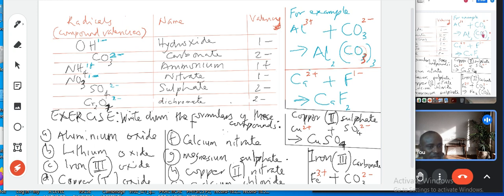There are 3 atoms of oxygen, so that would be 16 times 3. 16 times 3 is 48.